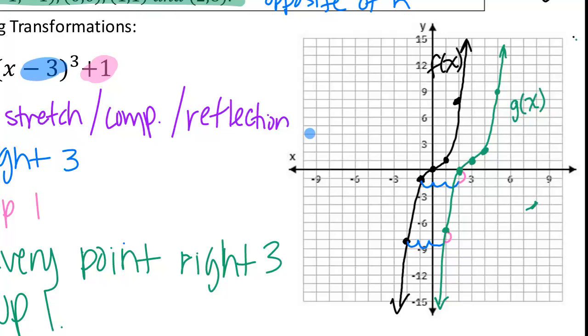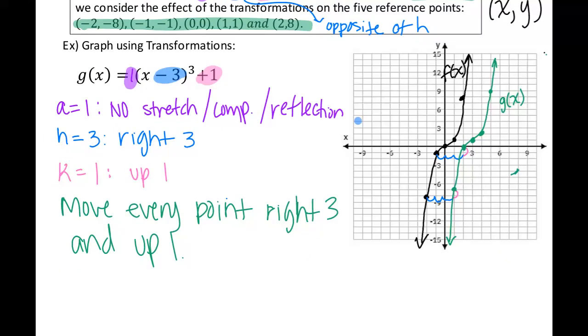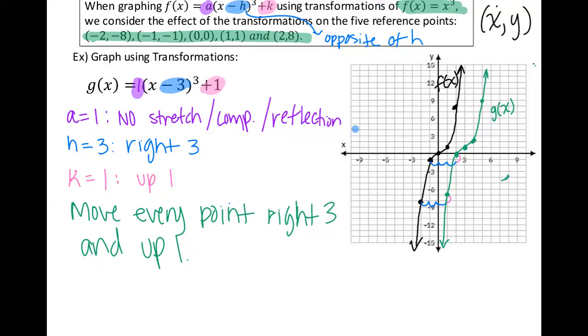Okay, and you want to make sure you label which one's f of x, which one's g of x, because you need to know which one was the parent function, which one was the transformed function, okay? So if you have a different colored highlighter or a colored pen, you can highlight the g of x so that you know which one was your final transformed function. Okay? And then that's basically what you're going to do. You're always going to graph the 5 key points, and then you're going to move based on the translations that we found yesterday.